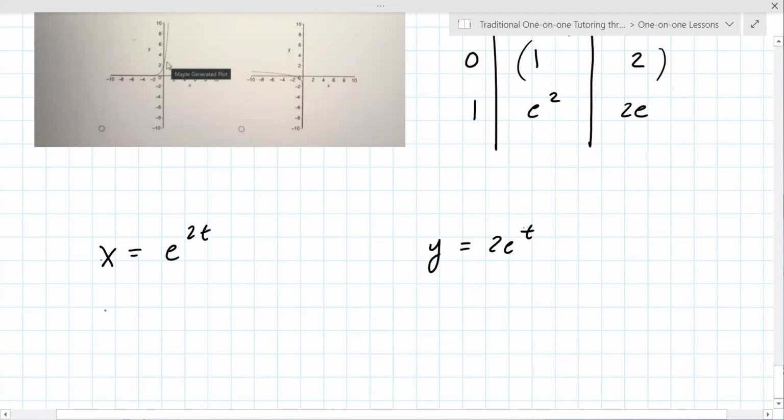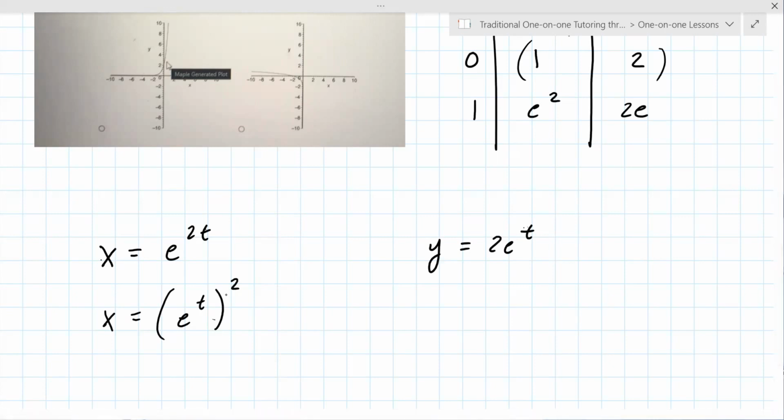Okay. I'm going to show it a slightly different way. You can actually write this e to the 2t as e to the t, squared. Do you remember that? Okay. Now, why is that useful? Well, you can substitute in for e to the t instead of t.